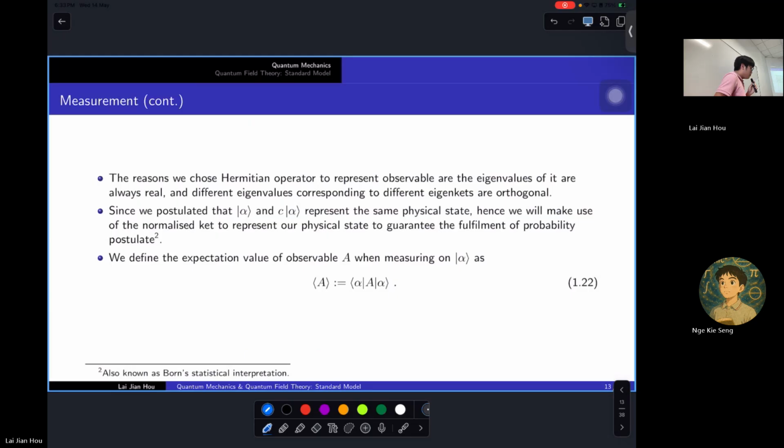We also postulated previously that the ket alpha and C times ket alpha, when we multiply by the complex number C, represent the same physical state. That's why we use the normalized ket to represent our physical state, to guarantee that the probability interpretation, sometimes called the Born statistical interpretation, is fulfilled.